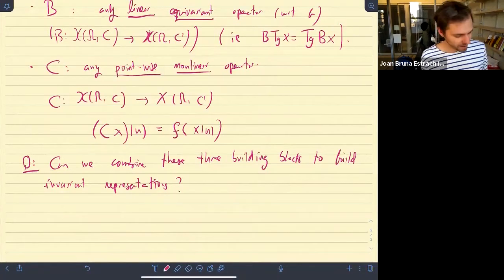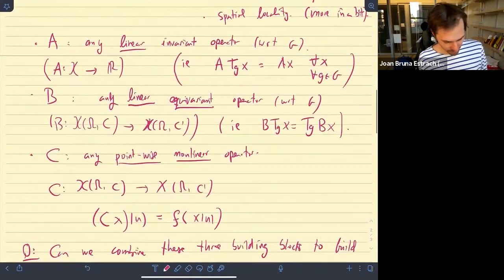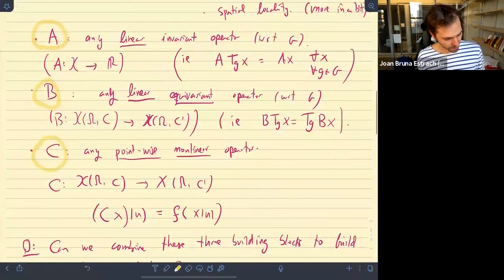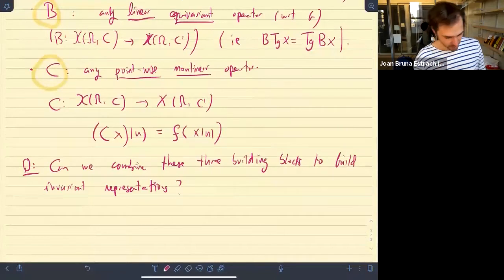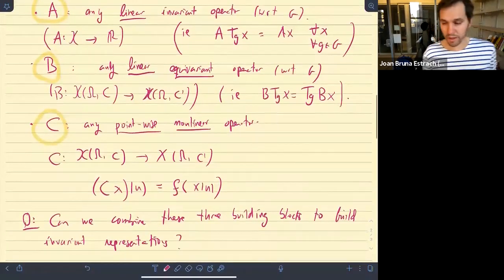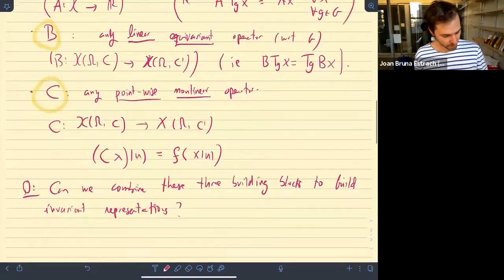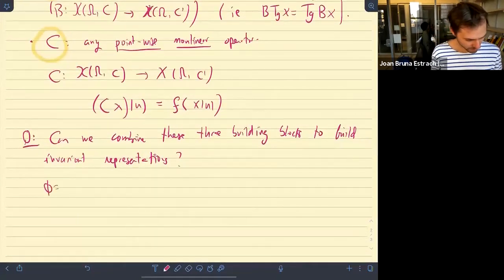Obviously, in my dictionary of things that I can play with, I have A, I have B, and I have C. Of course, I have A already. So I can take, for example, phi of x that is just A of x.